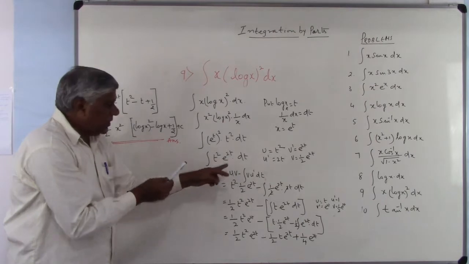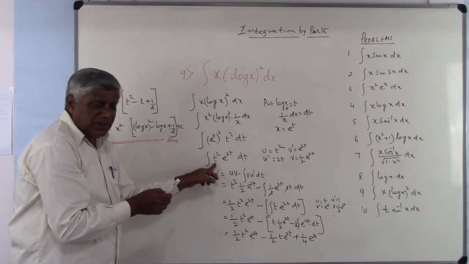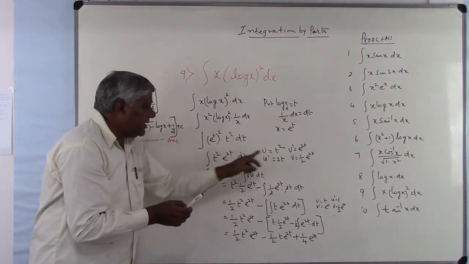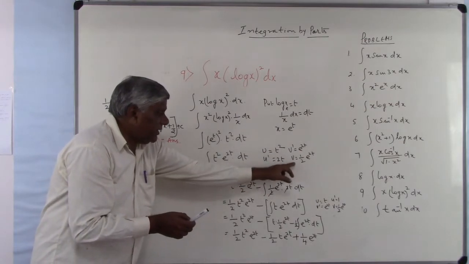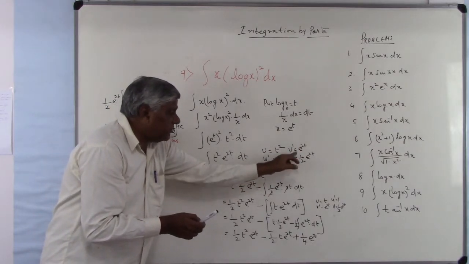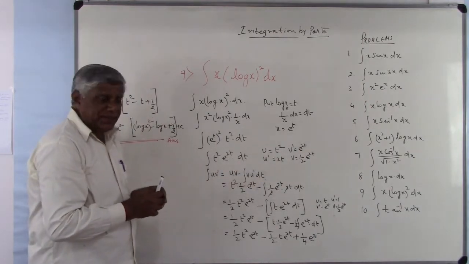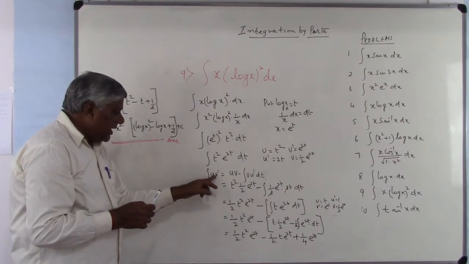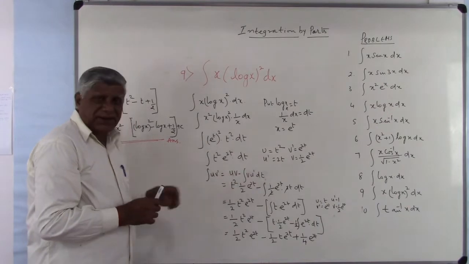Now we can see always algebra is the first term. Therefore, we are going to keep u is equal to t square, v dash is equal to e to the power of 2t, u dash is 2t, v is equal to half integration of e to the power of 2t, which is half of e to the power of 2t. Now that formula we are going to apply: integral uv dash is equal to uv minus integral vu dash dt.